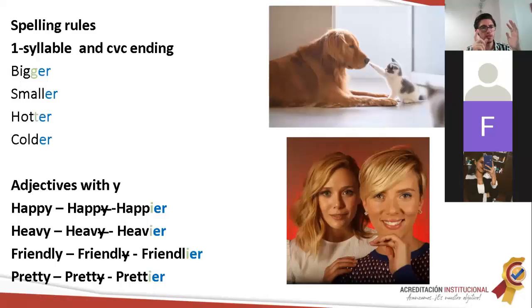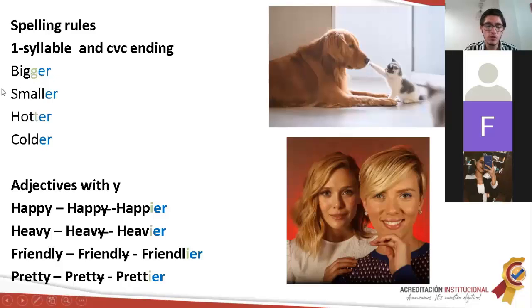It's CVC. B is a consonant, I is a vowel, and G is a consonant. We have one syllable and CVC, so you need to double the last consonant. You need to double the G. Bigger.